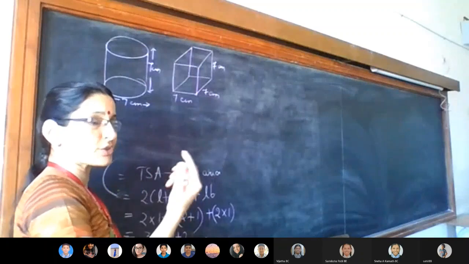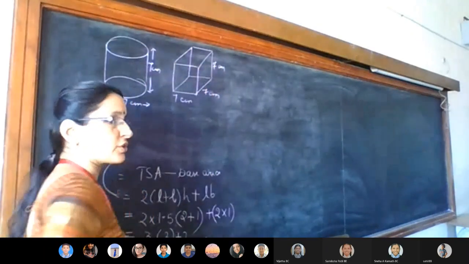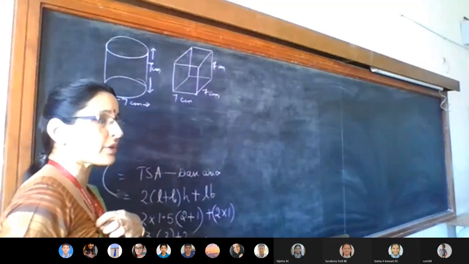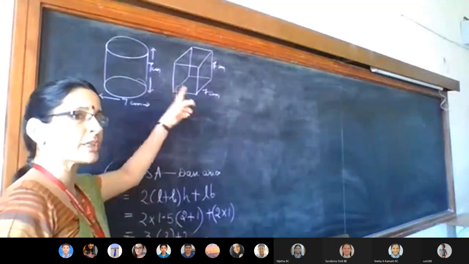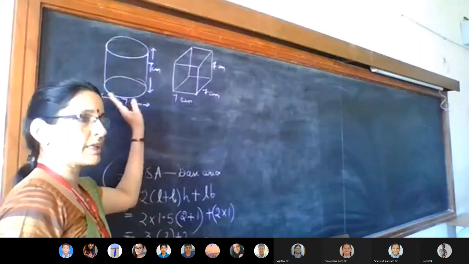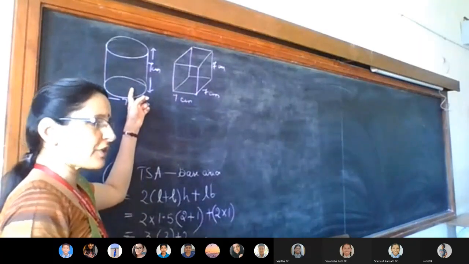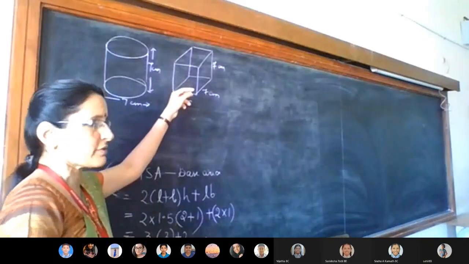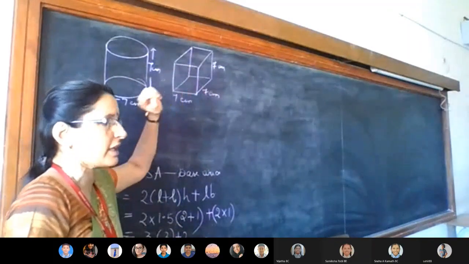But something is left out. This corner, some space is left out. This corner, some space is left out. So the volume also is more for this. Understood? Imagine I am filling both using something like sugar. This gets filled fast, but this has some extra space. When you insert it, you will come to know that the corners are left vacant.